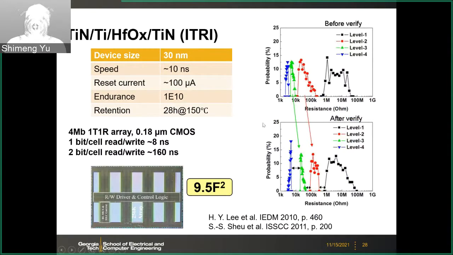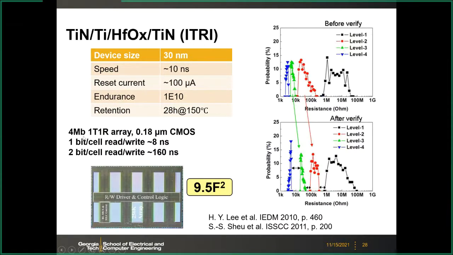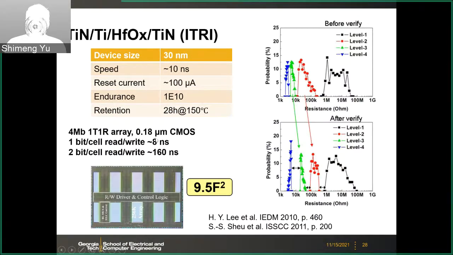So this is one of the earliest demonstrations, again from ITRI, the institution from Taiwan. This is a 4 megabit 1T1R array reported in ISSCC 2011, on the 180 nanometer process.